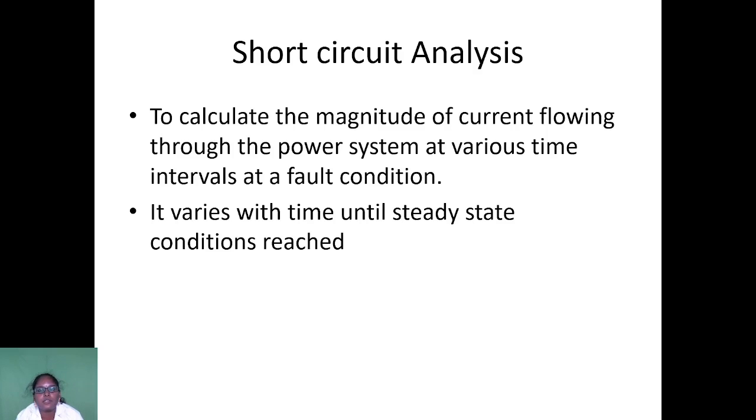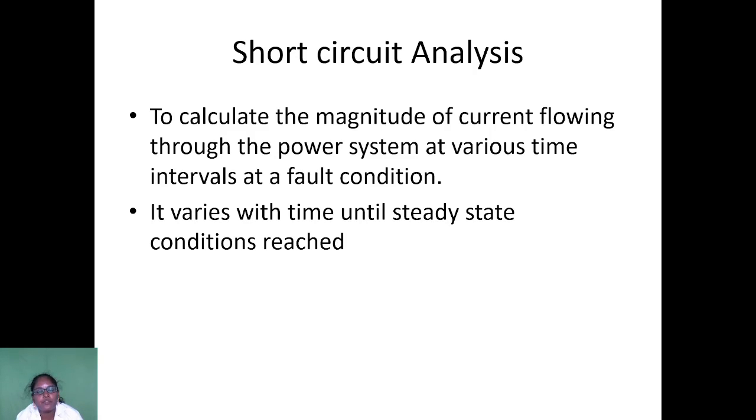Next, second is short circuit analysis. In short circuit analysis, we calculate the voltage magnitude and the current flowing through the power system at various time intervals during the fault conditions. I already explained that there are three types of fault in the power system network: single line to ground fault, line to line fault, and double line to ground fault.